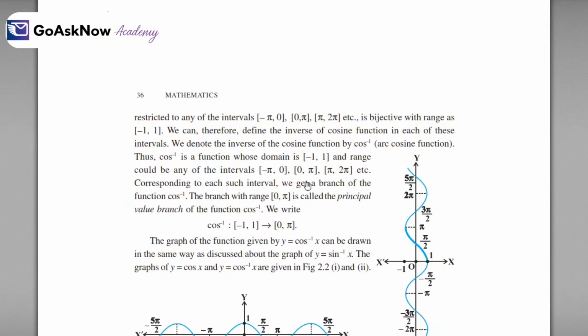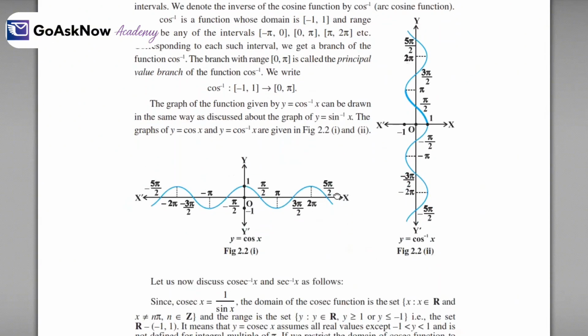Okay, so similar to the sine function, you can restrict the interval of cosine also to intervals like minus pi to 0, pi to 2 pi, etc. It is also bijective with range -1 to 1, but we should take the primary interval, that is 0 to pi. Okay, so corresponding to each such interval, we get a branch of the function cosine or cos inverse.